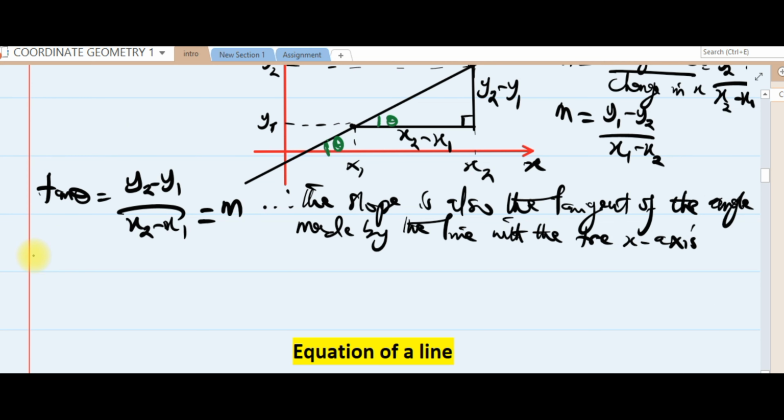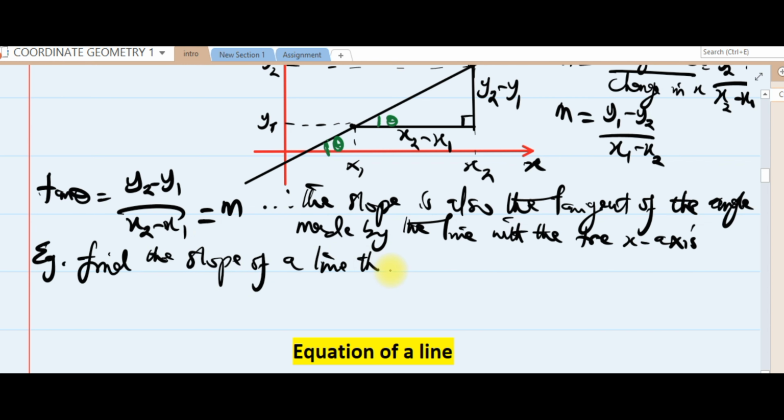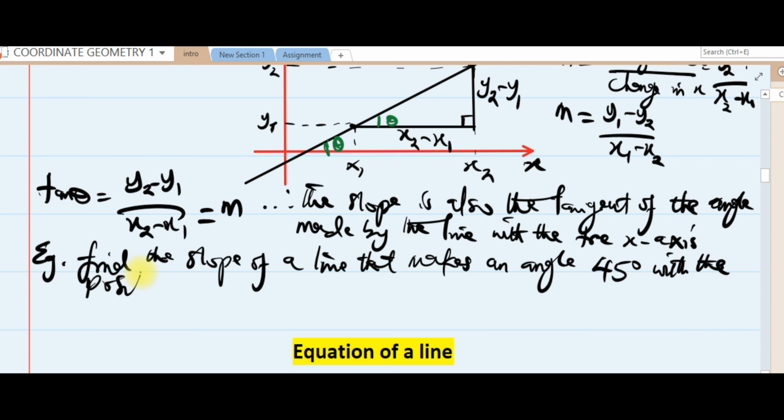Example: find the slope of a line that makes an angle of 45 degrees with the positive x-axis. Without wasting time, the slope m is just tan 45, which is 1. So you don't need to waste your time.